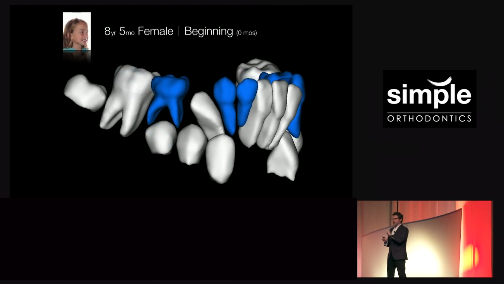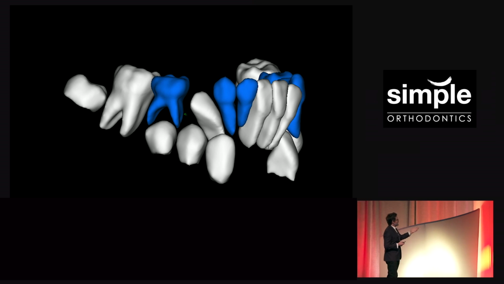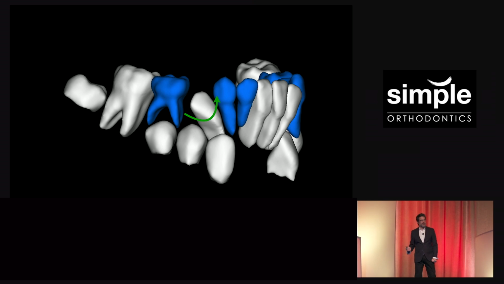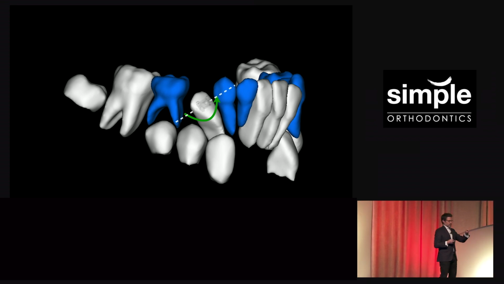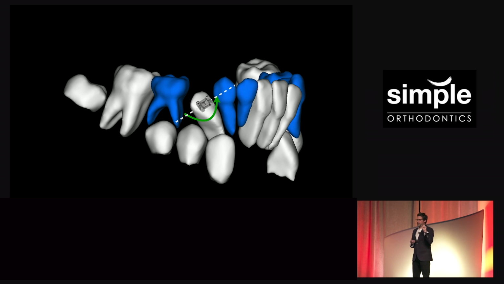If I just want to push coil that lateral incisor back into its happy spot, I know I need to create a counter moment that sweeps that root forward to get it out of the transposition.